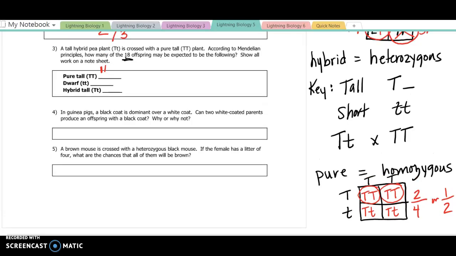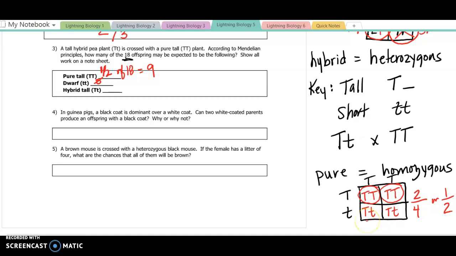Okay, so 1/2 of 18 is going to equal 9. So 9 of them are pure tall. Dwarf, little t, I don't have any. And so 0 are going to be dwarf.